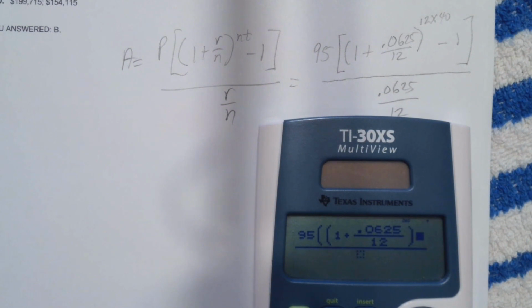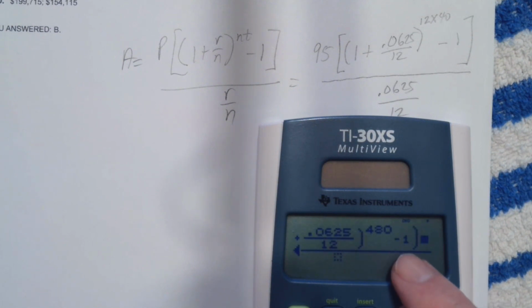So into parentheses, and this is going to be to the 12 times 40 power. Well, 40 times 12 is 480. I'm just going to put 480 to save space here. You're going to have to arrow out of there to the right, and then minus 1 into parentheses. So again, I don't think you put the minus 1 in.